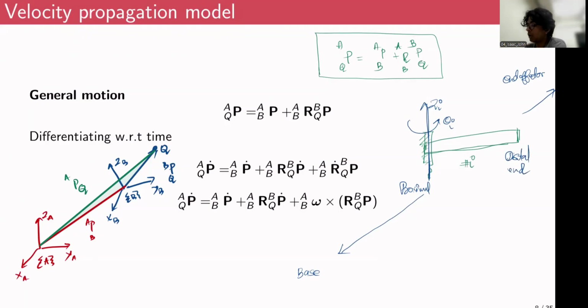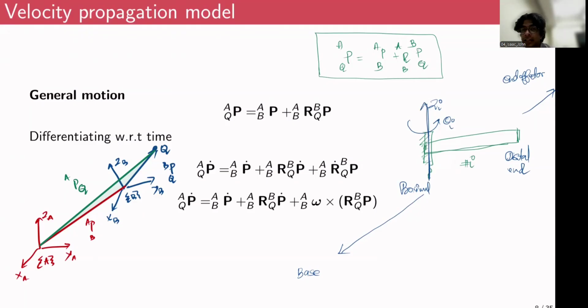So for any rigid body, if the ith rigid body of a manipulator is floating in space, it will always have a frame attached to the rigid body itself.